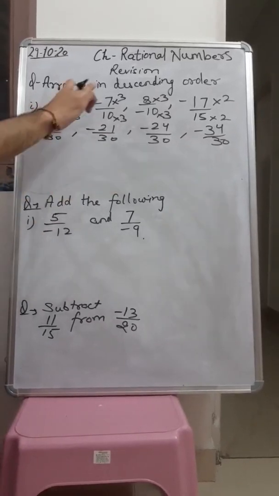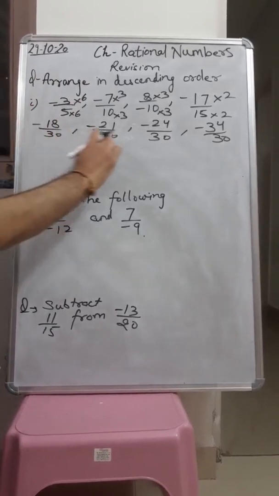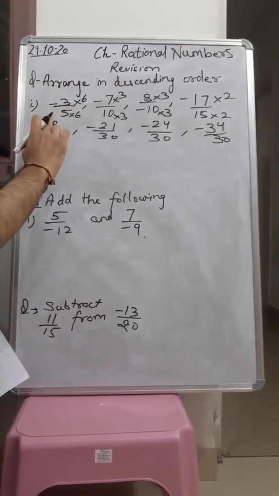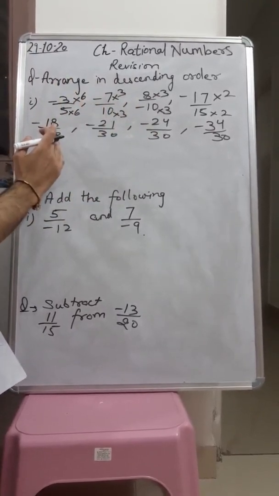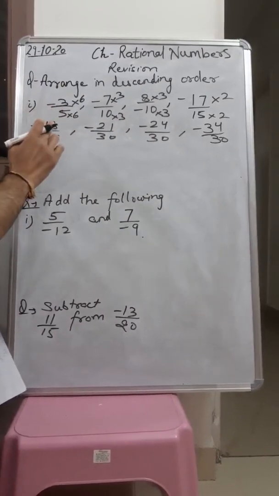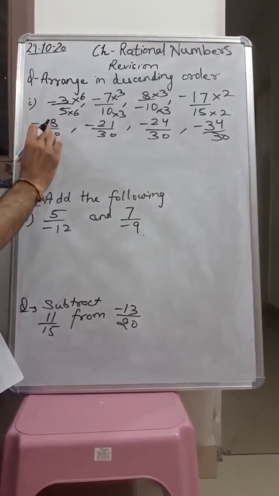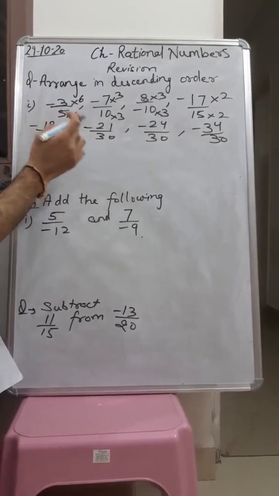So now we have to arrange in descending order. Descending order means from greater to smaller. Now the denominator has become the same. Now we have to see the numerator. Remember that whenever there are negative rational numbers, the smaller negative number will become greater. So here the smaller is minus 18, so it will become greater. So that means here the greater is minus 18 upon 30.